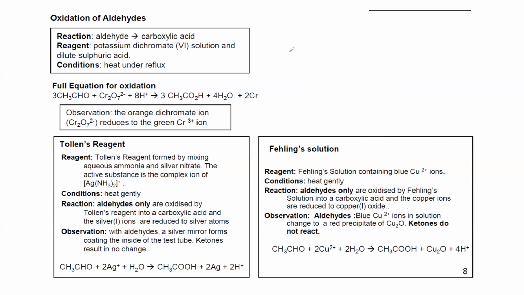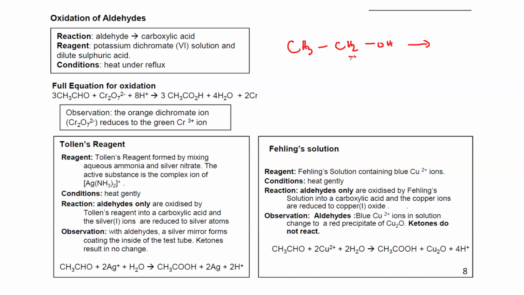So first, what will happen when we have an alcohol? For example, CH3CH2OH. When the alcohol is oxidized, it turns into an aldehyde. How does it turn into an aldehyde?